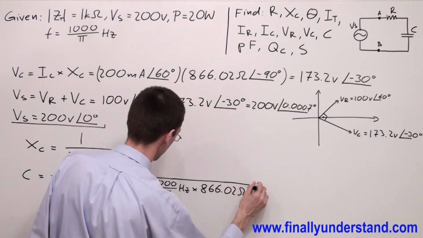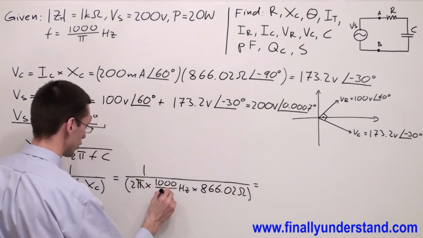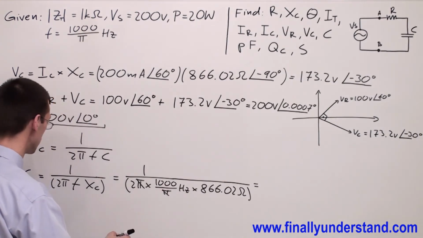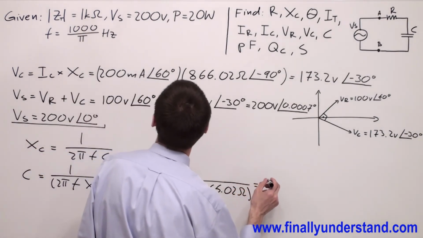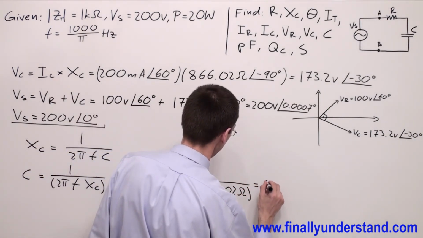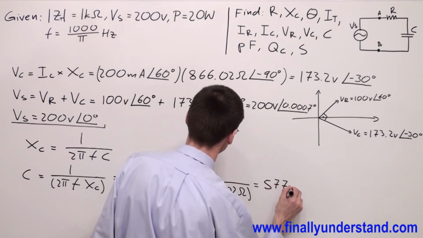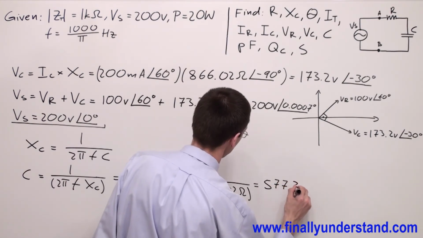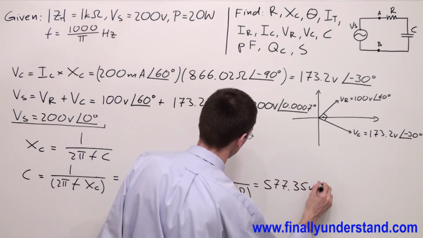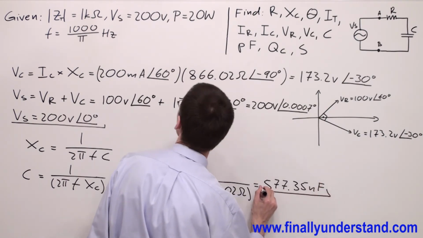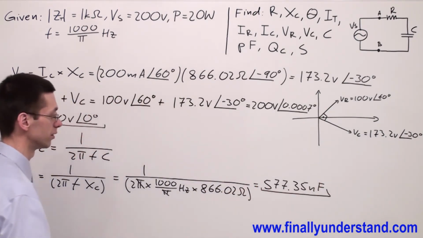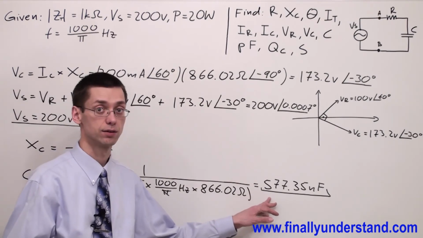Okay, close the parentheses. Pi and pi will cancel out. Use the calculator. You're supposed to get the value of C, 577.35 nanofarads. So this is my capacitance.